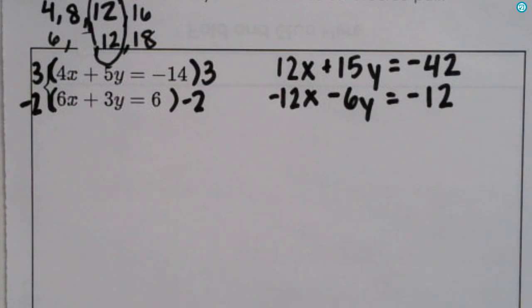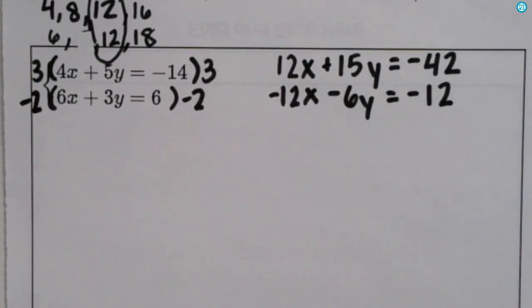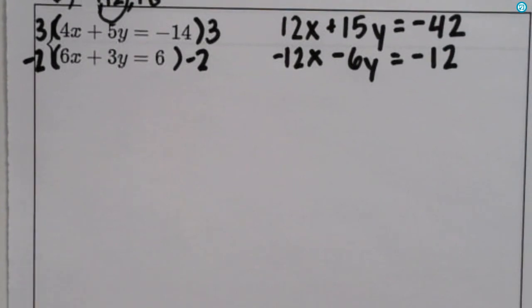So we've multiplied to make it so that they cancel out. Does anyone have any questions right now? Okay, so now we have two brand new equations, and that is what we are going to be working with. So we're going to add those together, do our elimination, solve, and then go solve for the other variable.